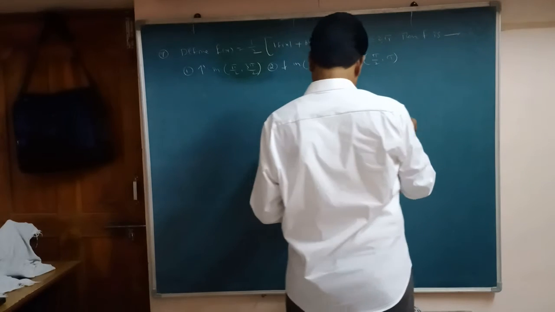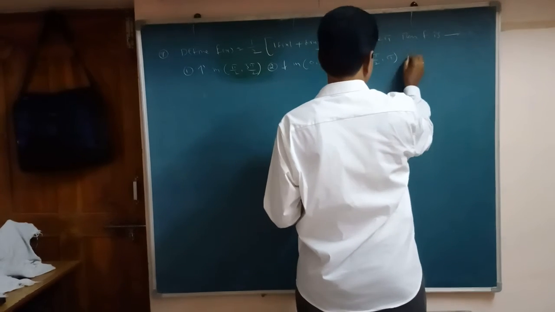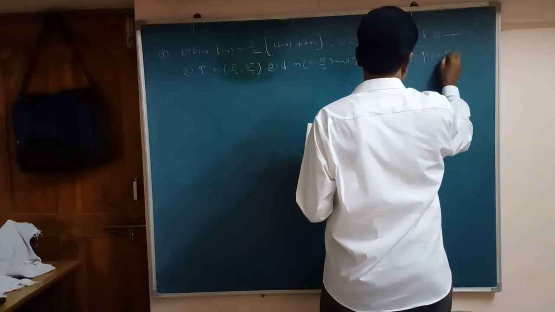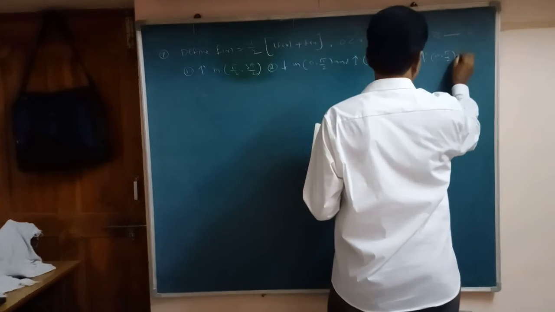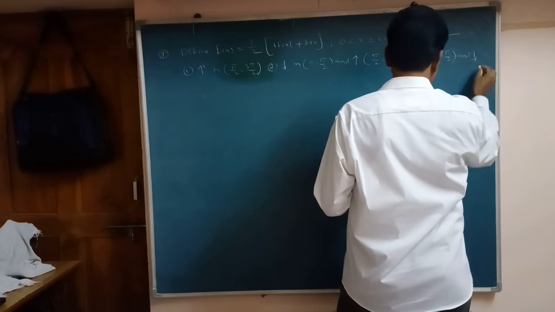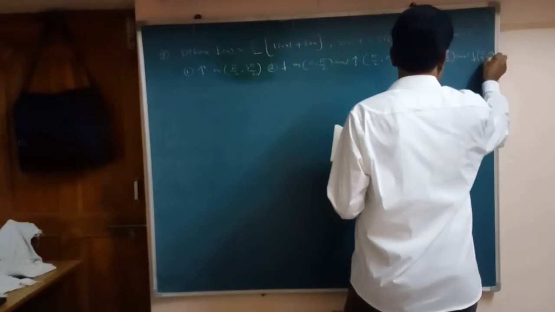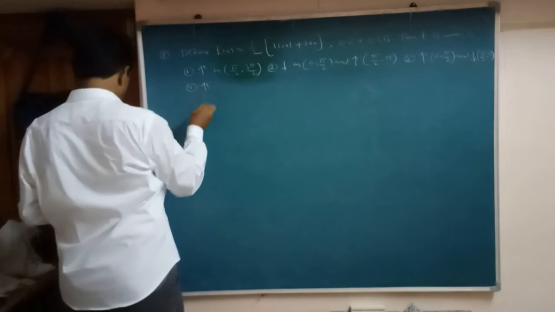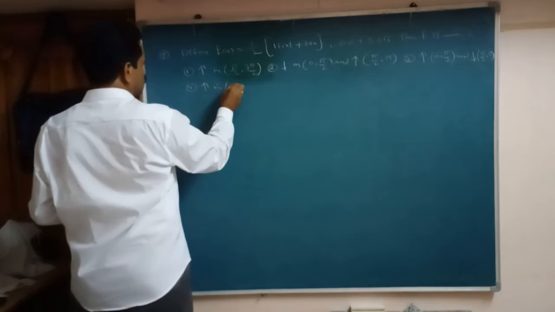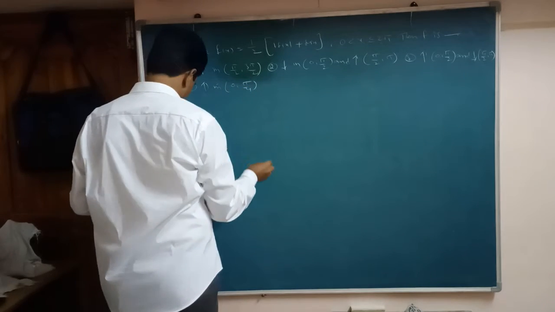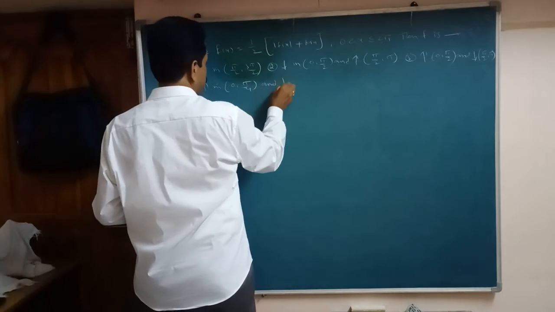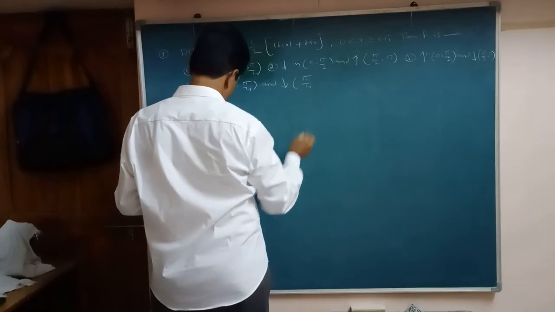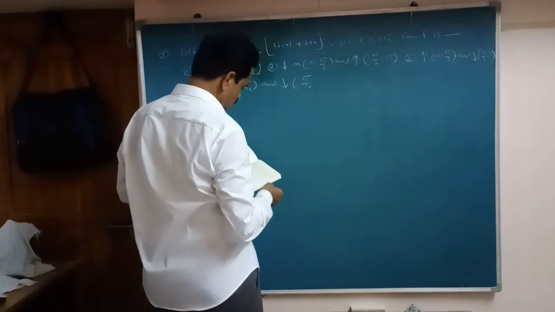Third one: increasing in 0 comma pi by 2 and decreasing in pi by 2 comma pi. Fourth one: increasing in 0 comma pi by 4 and decreasing in pi by 4 comma pi.